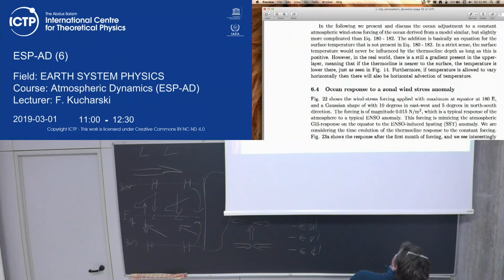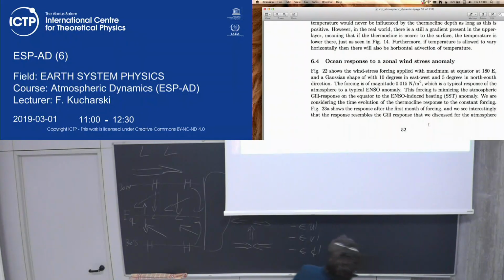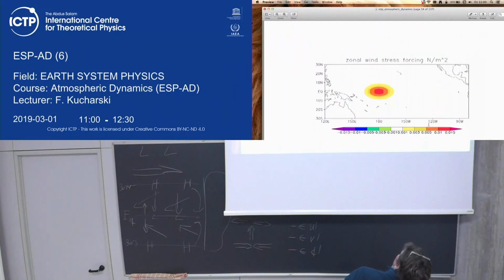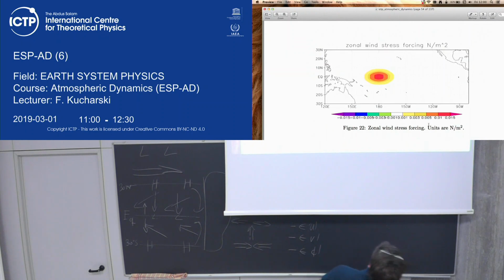So what we want to do is to understand the ocean response to such a wind forcing. Just a very simple analysis here. And what I did is I used an ocean model essentially. We will discuss this model later on.